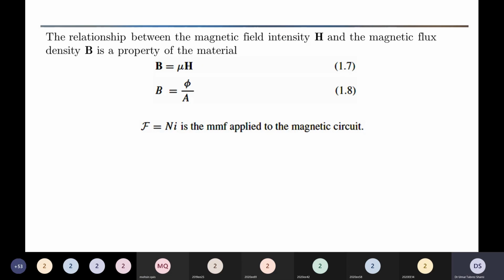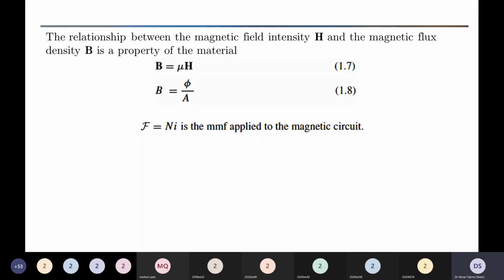H defines B. B is a function of H. B is dependent on H. What we see on the left hand side is B, the flux density, and what we see on the right hand side is H, the magnetic field intensity. So the answer is that H, the magnetic field intensity, is independent.